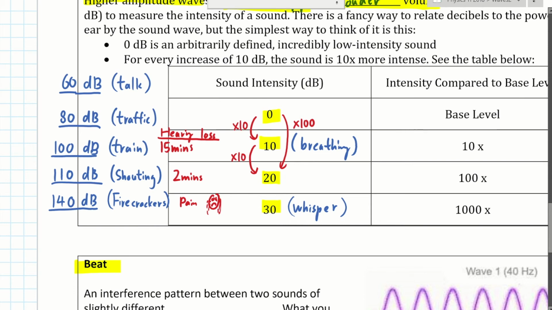Talking to people for a long time doesn't damage your hearing, but anything above approximately 100 decibel is going to give you hearing loss, sometimes permanent, sometimes temporary. For example, after 15 minutes of continuously standing next to a very loud train passing by, it's going to cause permanent hearing loss.